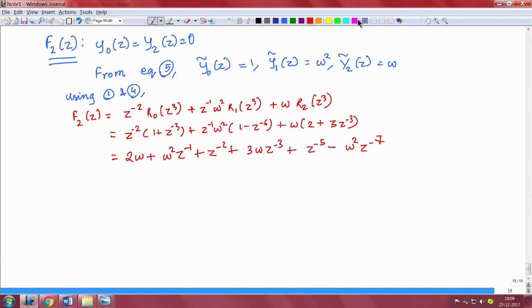So, one observation is that f1 of z is equal to omega square f naught of omega z, and f2 of z is equal to omega f naught of omega square z. So, therefore, by using all this we have obtained f naught, f1 and f2.